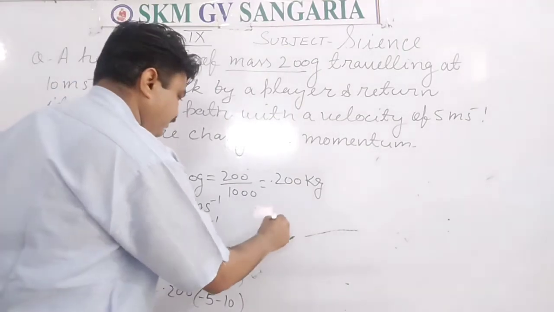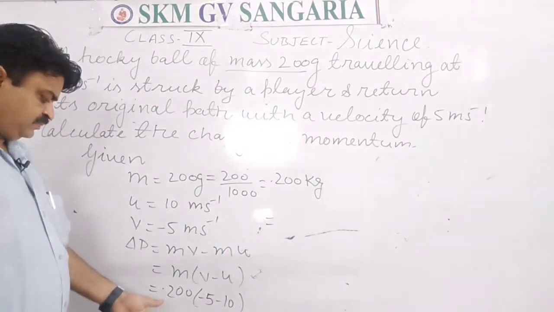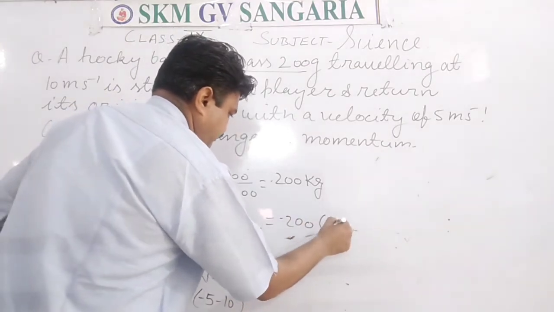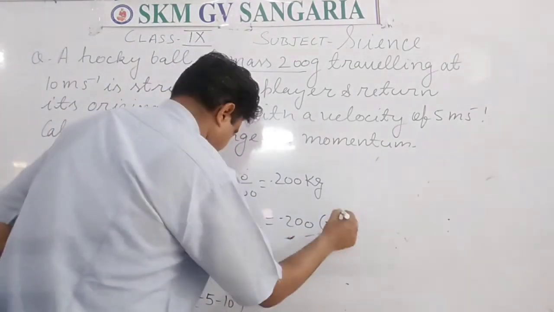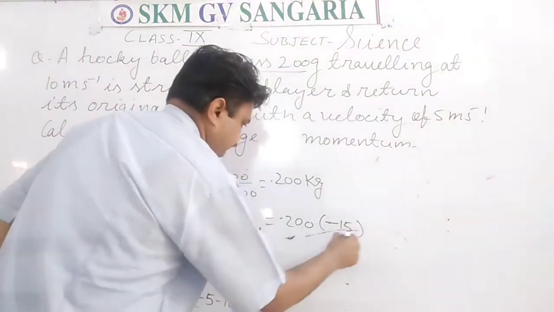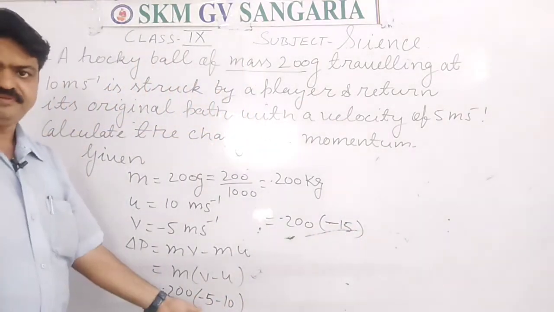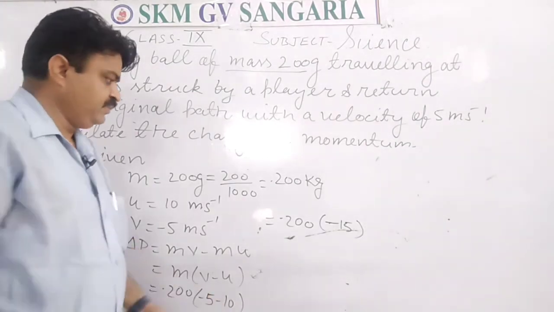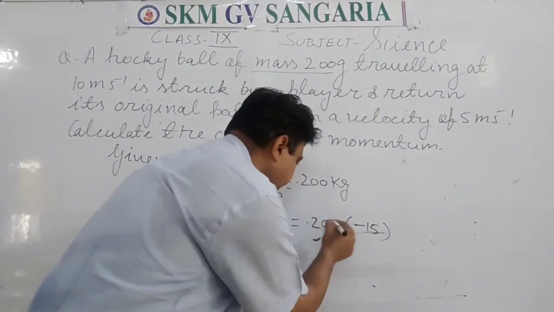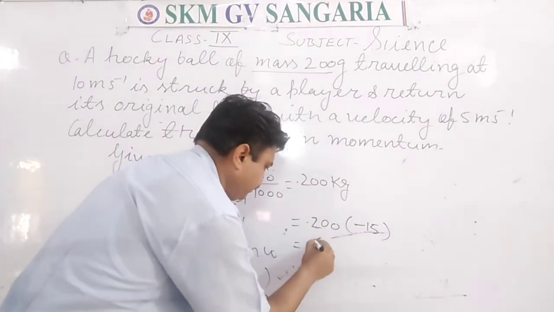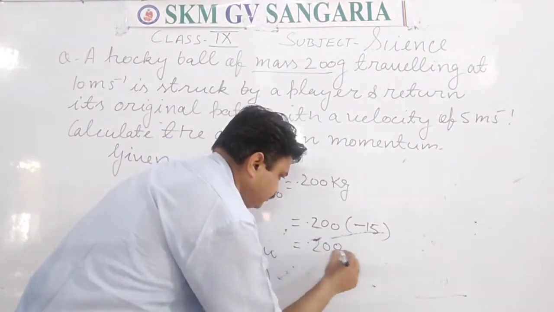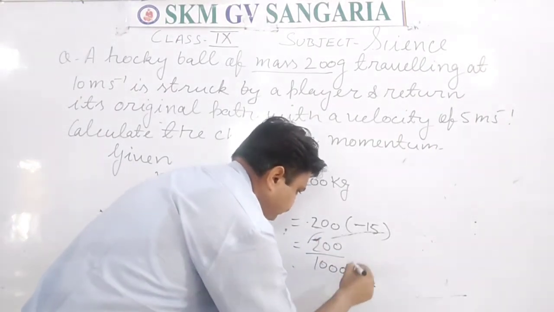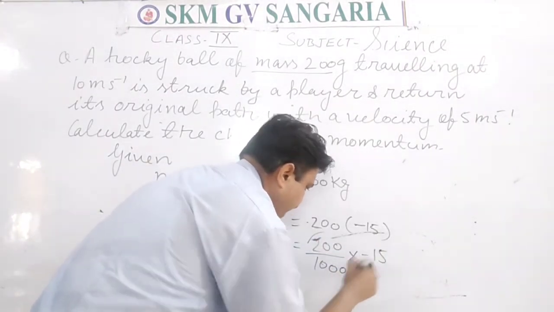So I am writing here 0.200 multiplied by minus 15. We will add them, no? Minus 5 and minus 10. So student, now when we calculate it, what do we get? 0.200, and this point we will remove by taking 1000 here, and minus 15.